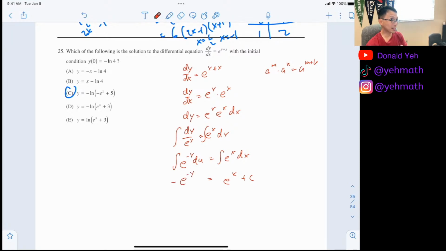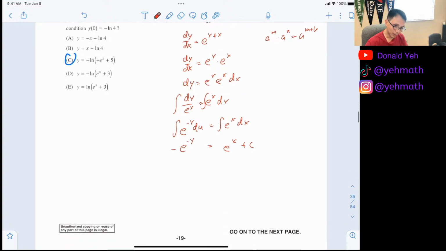And that's where people mess up because there's a negative sign there because of u substitution, u equals negative y. And that's negative, not just e to the negative y. Ideally, I don't like the negative sign here, so I'm going to say negative e to the x plus c. Why? Because that c doesn't change. I haven't put the initial condition in yet.